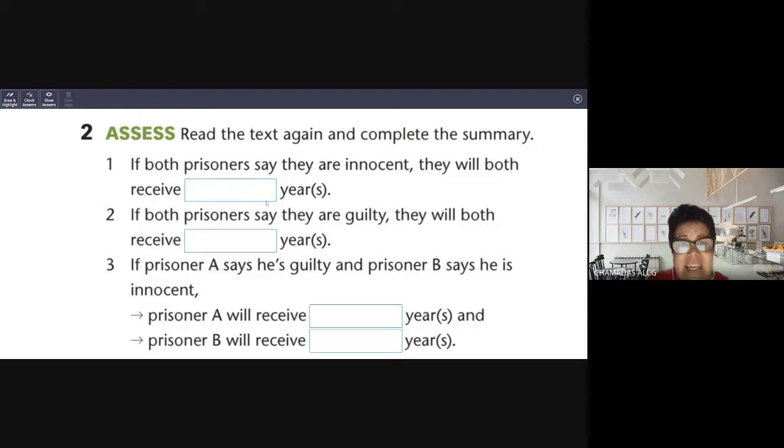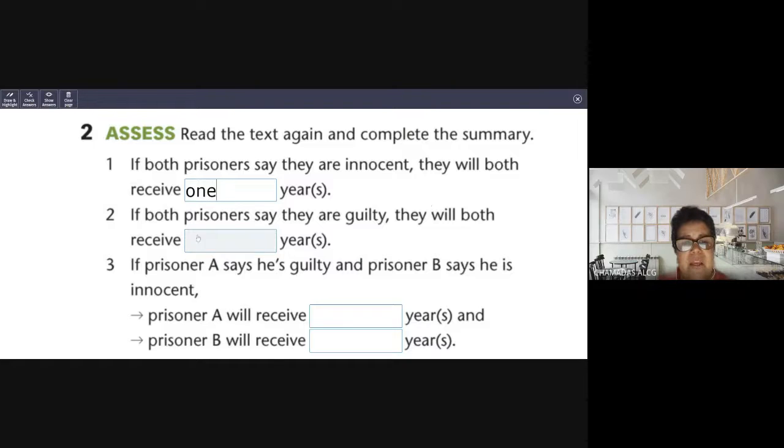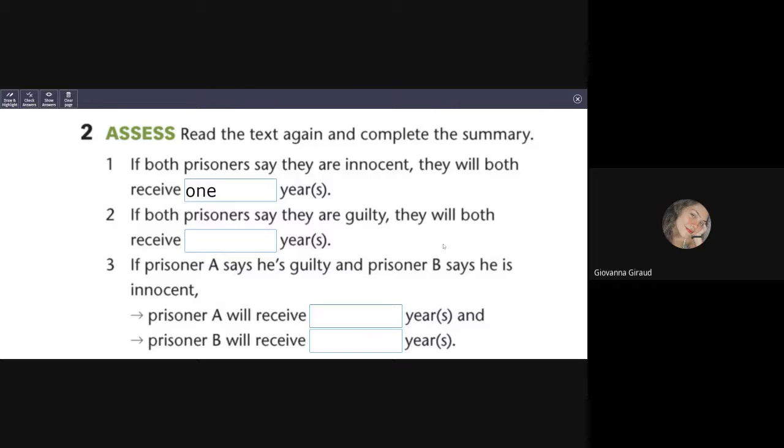So let's see if we understand the whole scheme. Read the text again and complete the summary. If both prisoners say they are innocent, they will both receive 1 year. If both prisoners say they are guilty, they will both receive 8 years.